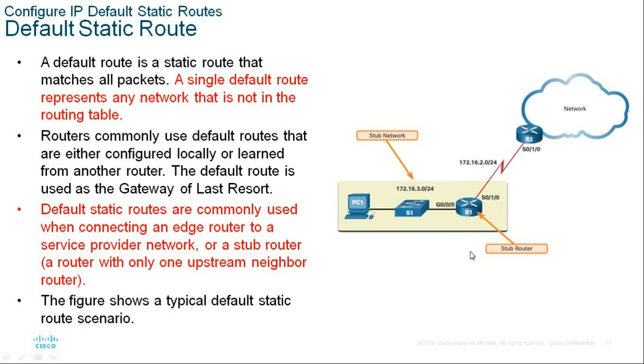Okay, so these are the different contexts where we can use the default static route. Now, a default static route is a static route that matches all packets. It means a single default static route represents any network that is not in the routing table.